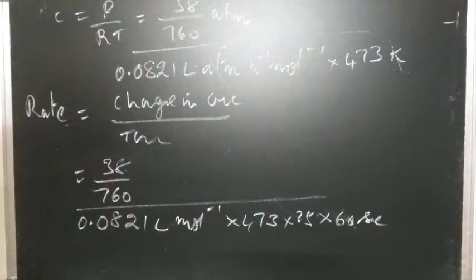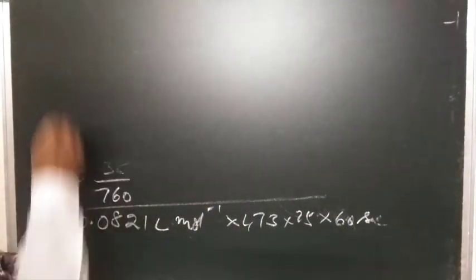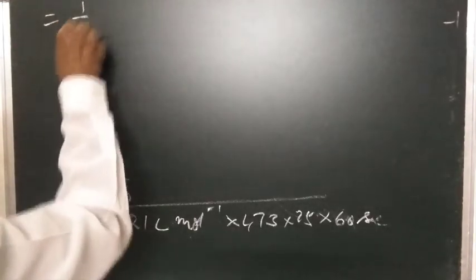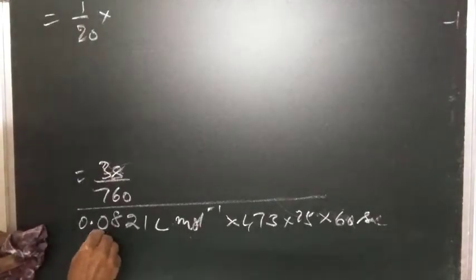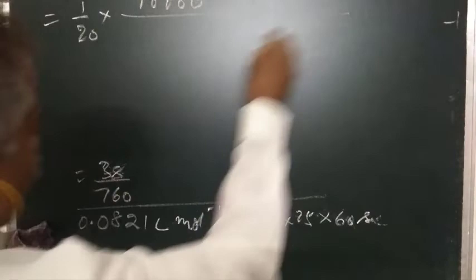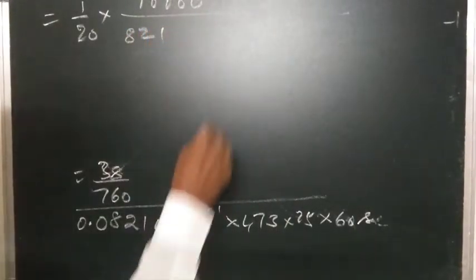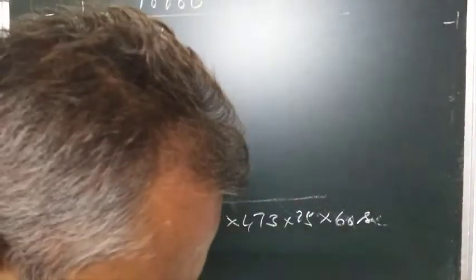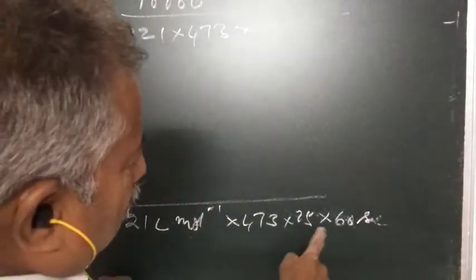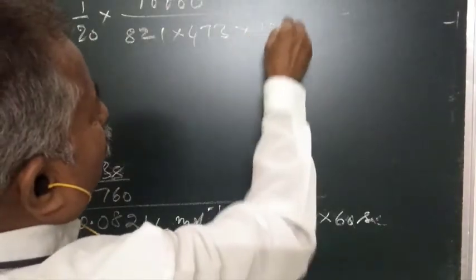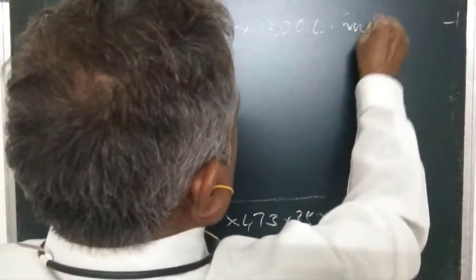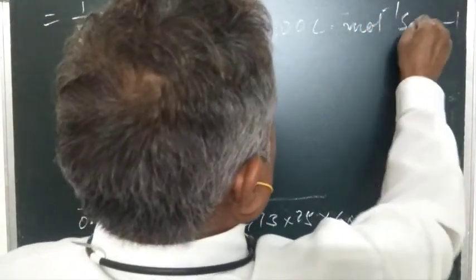Now this can be written as 1 by 20 into, how many decimal places are there, 4 decimal places, so 10,000 by 821 into 473 into 1500, liter mole minus 1 second.